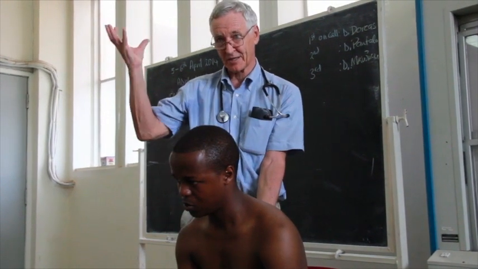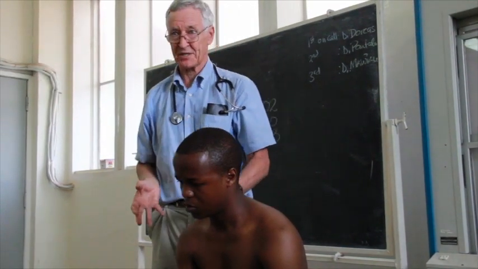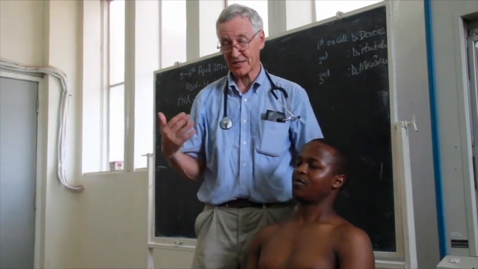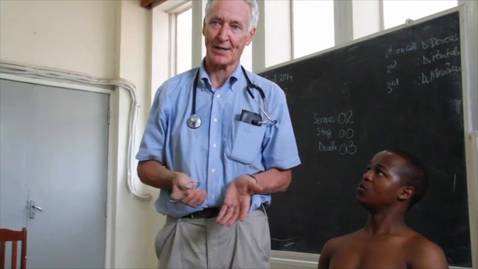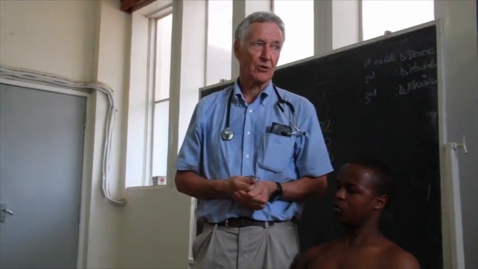So he's got an area of dullness approximately 12 centimeters in the right lower lobe. Of course, he hasn't got that, but in theory, if he were a patient with dullness, that's the way we would map it out. And then the implications of that follow.